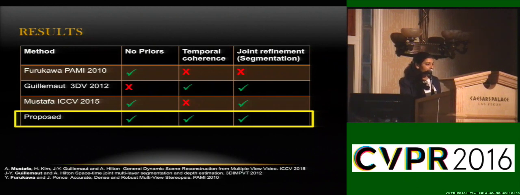Furukawa, Guillemot, and is a generic reconstruction method and it's state-of-the-art. Provides per-frame reconstruction of the scene, but Guillemot is a joint reconstruction and refinement approach which requires background and initial segmentation of the scene.